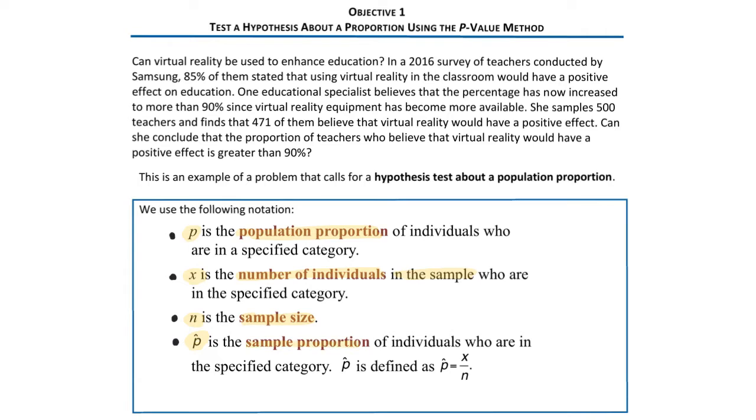P hat is the sample proportion of individuals who are in the specified category, and P hat is actually X divided by N. So in this problem, X is 471, N is 500. So P hat will be 471 divided by 500.